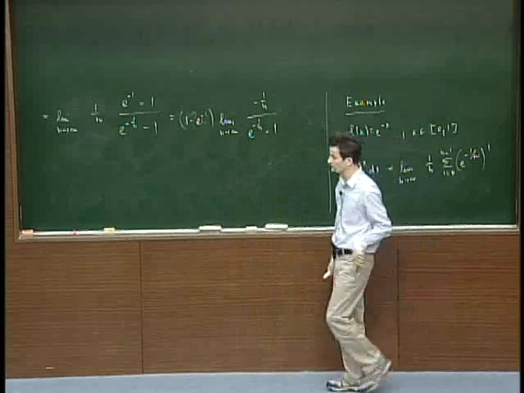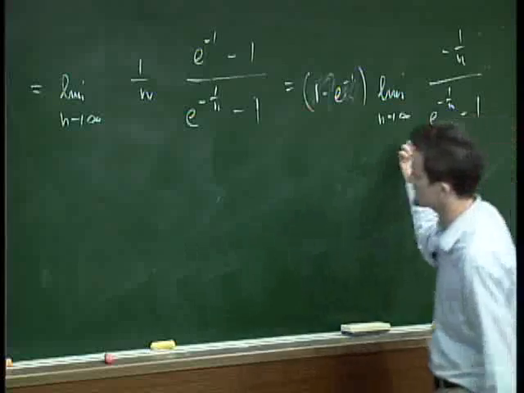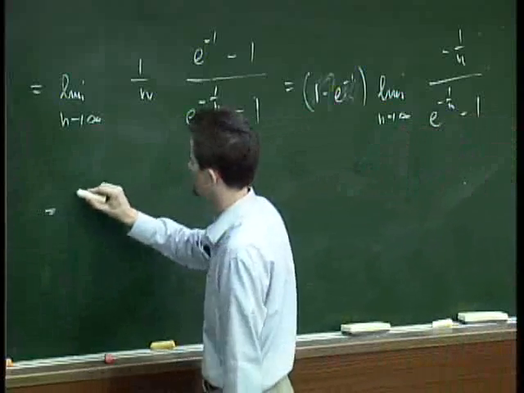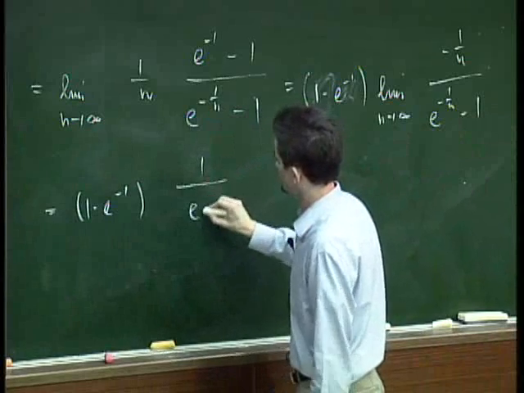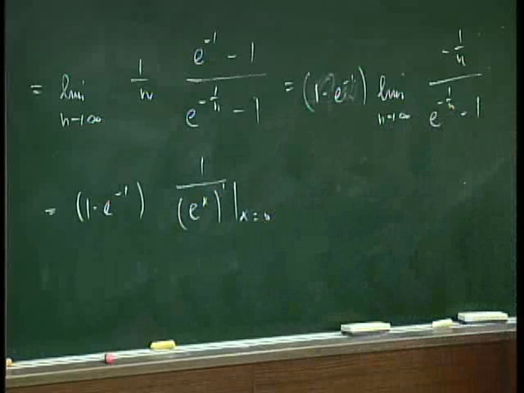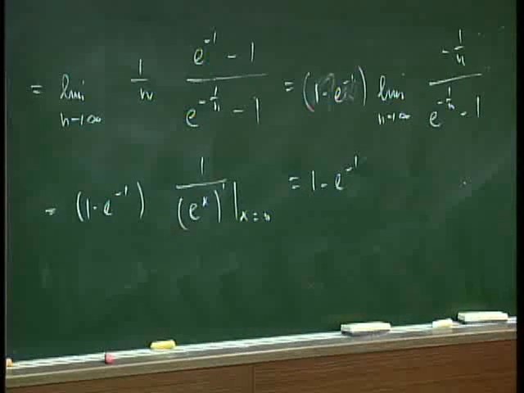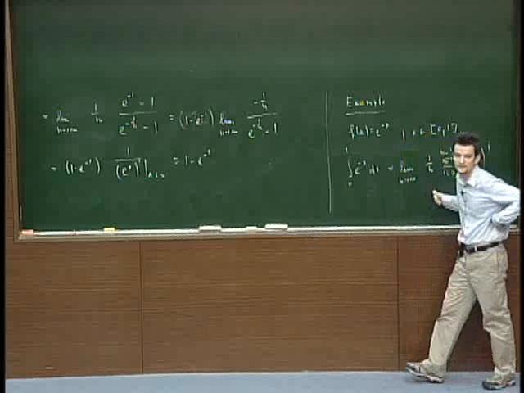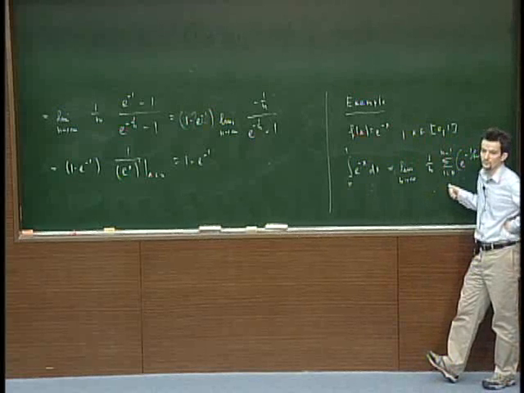So that is 1 over the derivative of e to the x at 0, because what you see here is a derivative. So you have 1 minus e to the minus 1, times 1 over the derivative of e to the x evaluated at x equal to 0. So 1 minus e to the minus 1. So actually also this integral is not too complicated using the definition. Our textbook once more claims that this is a complicated sum to evaluate. It's not true.